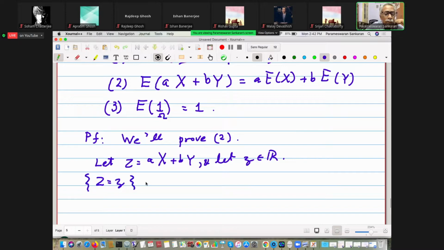This set is the same thing as saying the set of all omega such that a times X(omega) plus b times Y(omega) is equal to z. Okay.